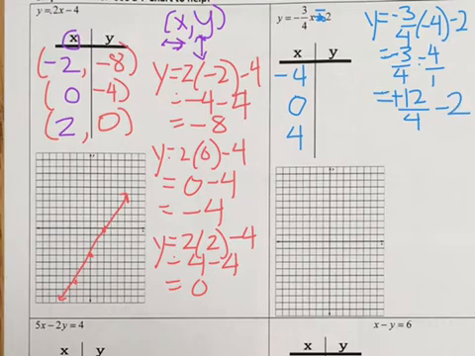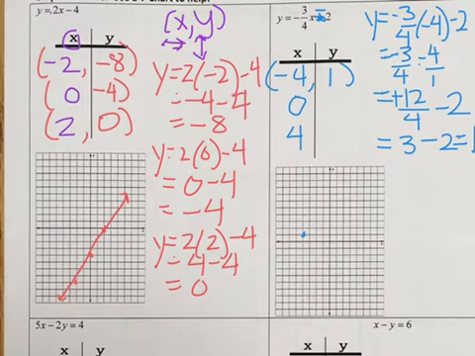Now, 12/4 is the same thing as 3 because it's 12 divided by 4. So 3 minus 2 is 1, and that is what we get for our first coordinate. So we go to the left -4, and we go up 1.